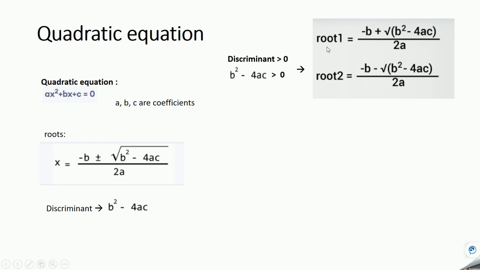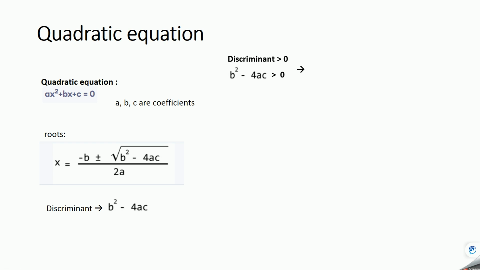In that case we'll have two roots: root 1 equal to minus b plus square root of b square minus 4ac, divided by 2a, and root 2 equal to minus b minus square root of b square minus 4ac, divided by 2a. These will be the roots when the discriminant value is greater than 0. Okay, this is one case.